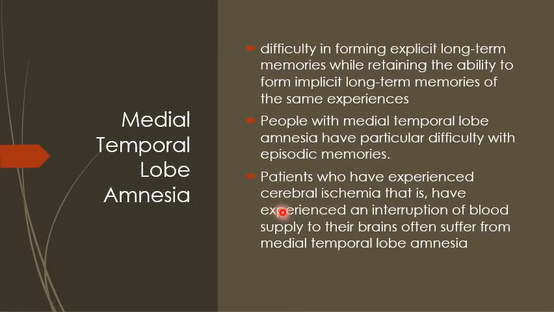As you learned in the previous chapter, ischemia is a kind of stroke. When the blood supply is disrupted, it actually affects the medial temporal lobe, the part near the hippocampus. Later on we will explain exactly which part of the hippocampus or area around the hippocampus would be affected if you have a stroke.